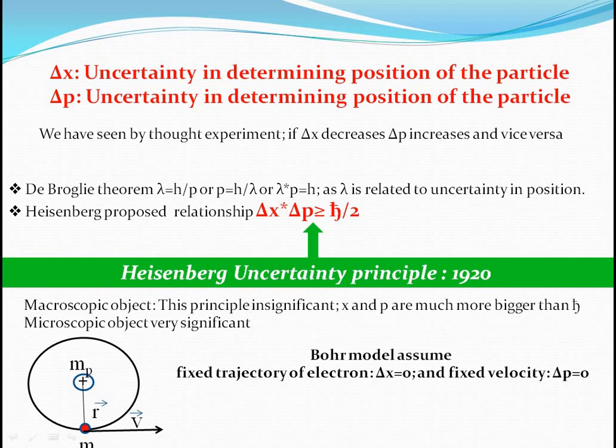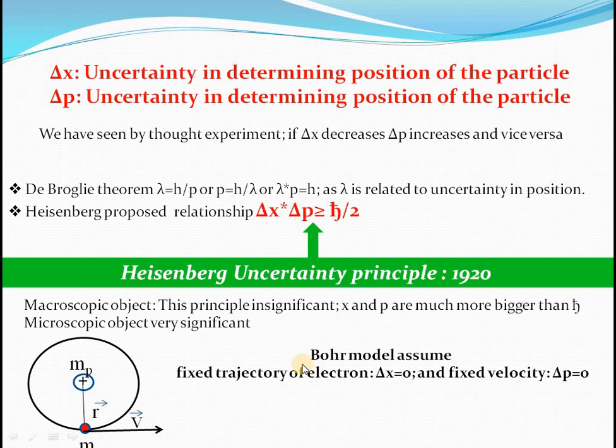Now coming back to the very simple Bohr model, which I have already talked about in my previous lecture: according to the Bohr model, the electron is revolving around the nucleus in a certain fixed trajectory, and this trajectory is called an orbit. The distance between the electron and nucleus is also fixed, and the electron is rotating around this trajectory with some fixed velocity.